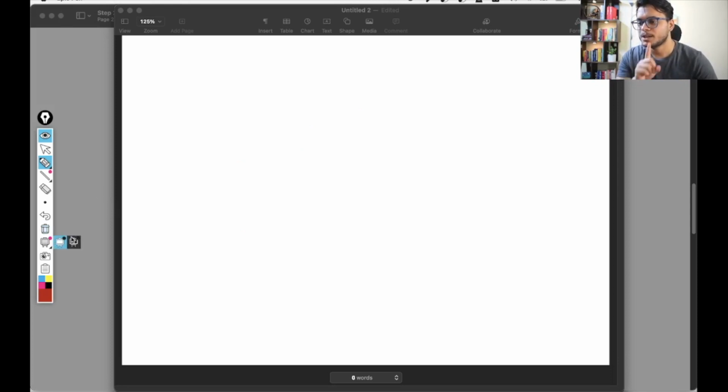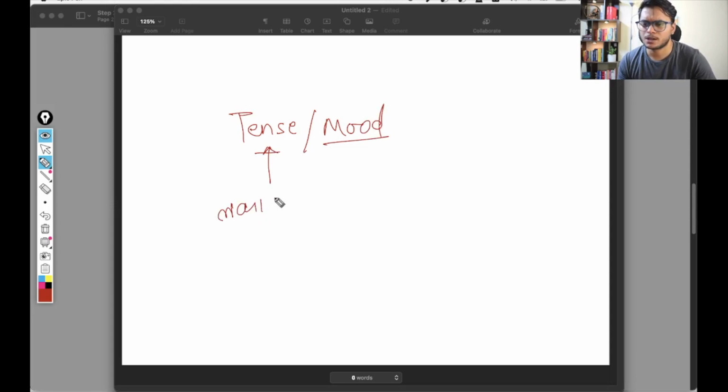And the third thing, similar to English, is tense or mood. Tense, a lot of you already know. Tense in Sanskrit is called lakar. Present tense, I am studying. Past tense, I studied. Future tense, I will study.